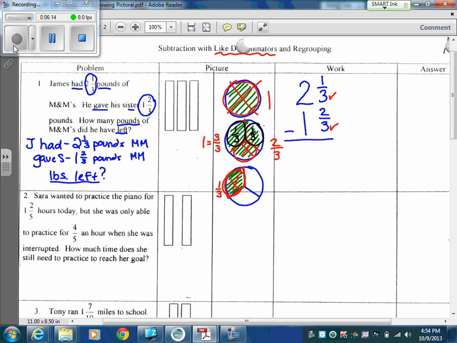So I have my 3. Then I go to my numerators, and I've always said, okay, now I just subtract my numerators, but I have a problem. Can I take 1 and subtract 2? Well, if we were doing that in just whole numbers, we would say, no, we can't do that.